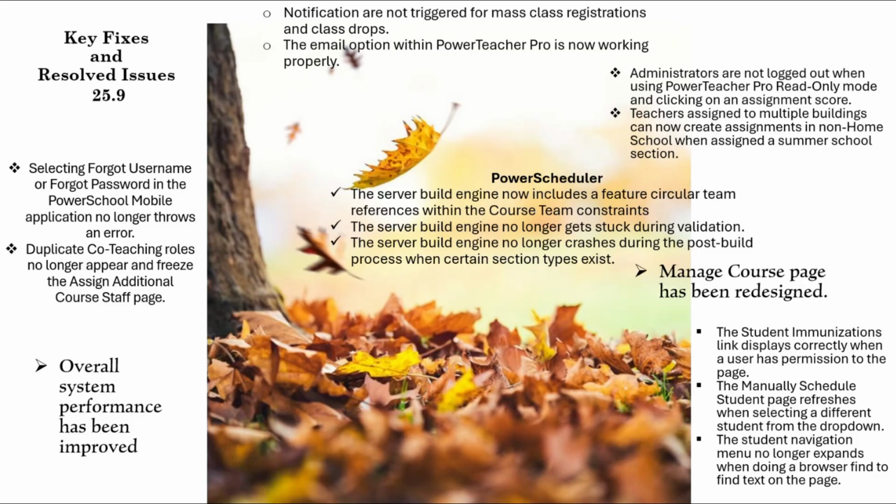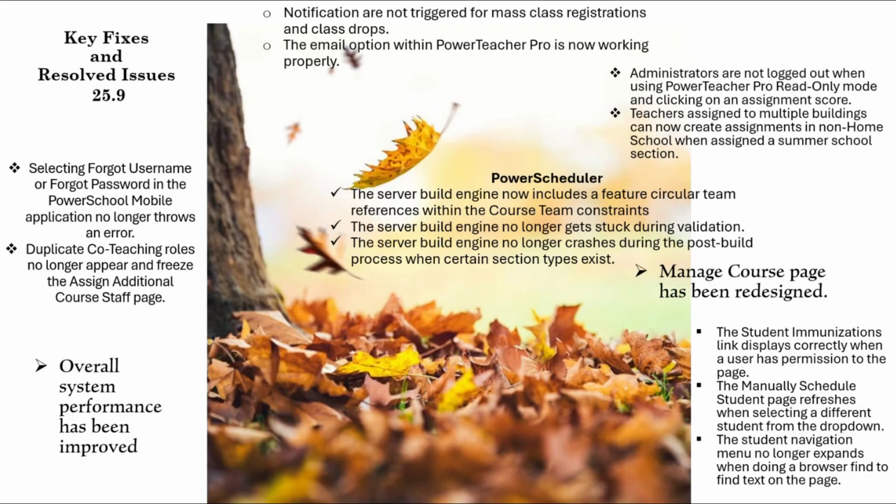I think it works better. The server build engine no longer crashes during the post-build process when certain section types exist. Again, I will let you read those other two or three sections, but you can always refer back to these. The biggest thing is make sure you're going into the releases and looking at these releases. There's some pertinent information in there.